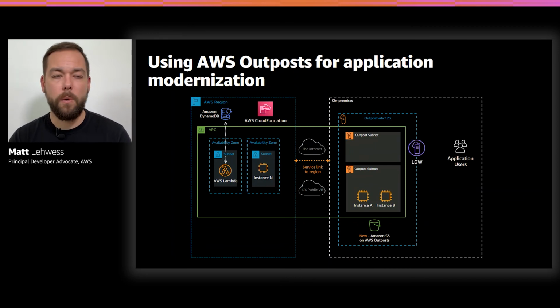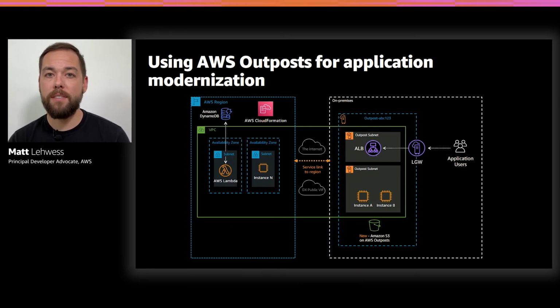We've got some EC2 that we might be using. We've got our local gateway giving us local access. And then we've got an ALB, an application load balancer, running inside the outposts. We can also then have our instances operate inside an auto-scaling group. So we're using ALB, we're using auto-scaling, and we're doing it all on premises. Pretty amazing, pretty awesome stuff.